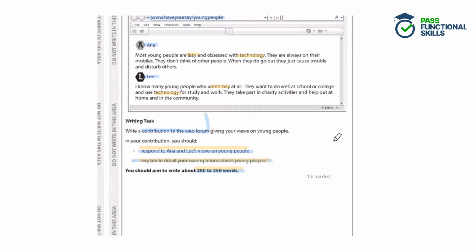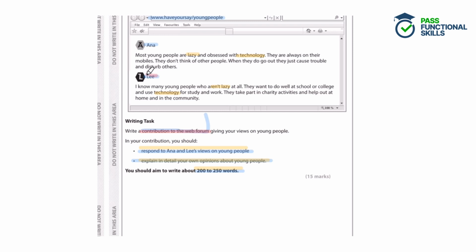And it will tell us this in the question. So one of the first things you should do when you read the question is identify the text type. Our text type is a contribution to this web forum. And we've been shown here what those look like and what we should do in them.